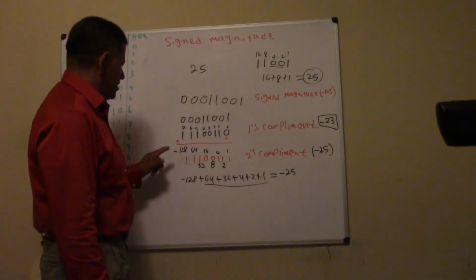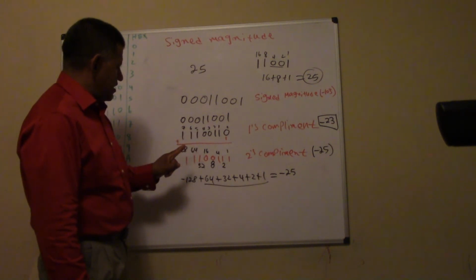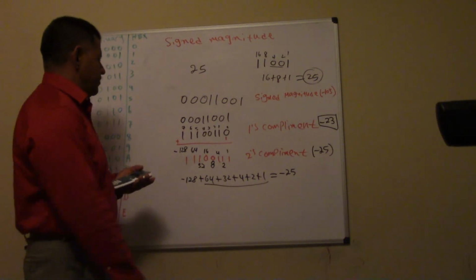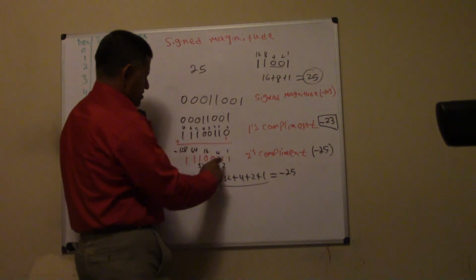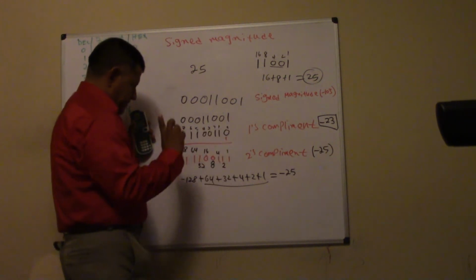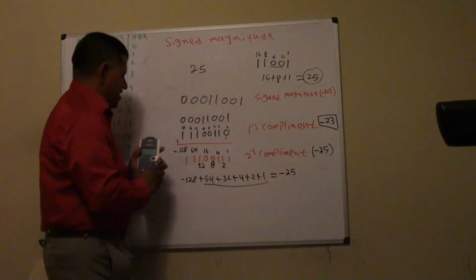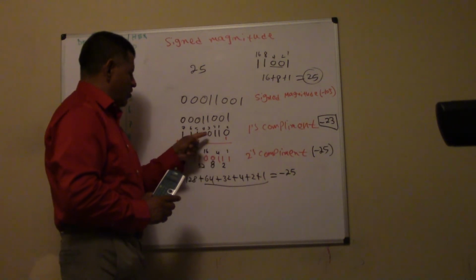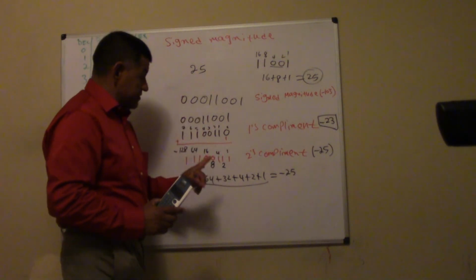Step 1, you take the one's complement, by switching the bits. Step 2, add 1 to the value of the one's complement, which becomes the 2's complement.